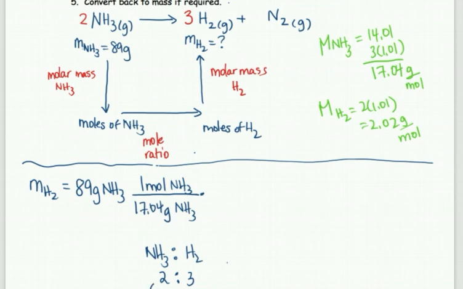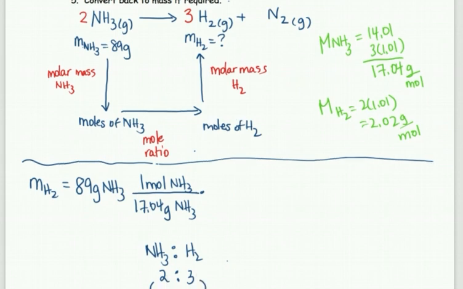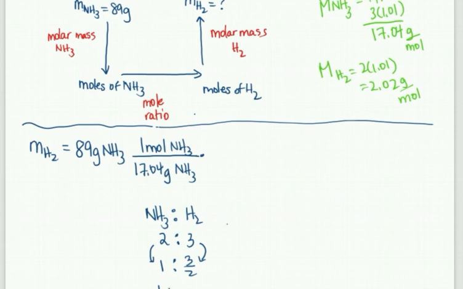So we divided this by 2 and got it to here, and divided the other side by 2 and got it to here. So essentially we have a 1 to 1.5 ratio of ammonia to hydrogen, and then we would take whatever number we got and multiply by 1.5.